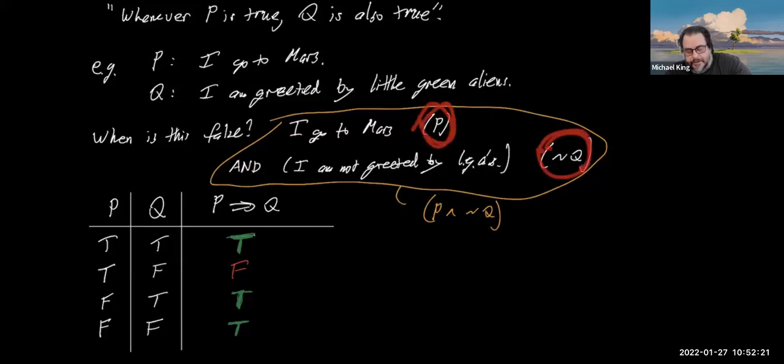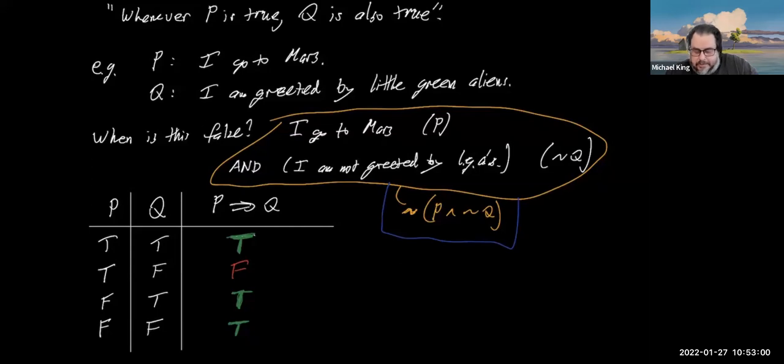If both of these are true, then this is true, and that's the only case this is true. But here we actually want it to be false. So I want to put a negation sign there. And so there's another way to define implies as not parentheses P and not Q. Hopefully this is obviously a not sign. Let me try to make it more obviously a not sign. Oh, that's not the right color. Not P and not Q.